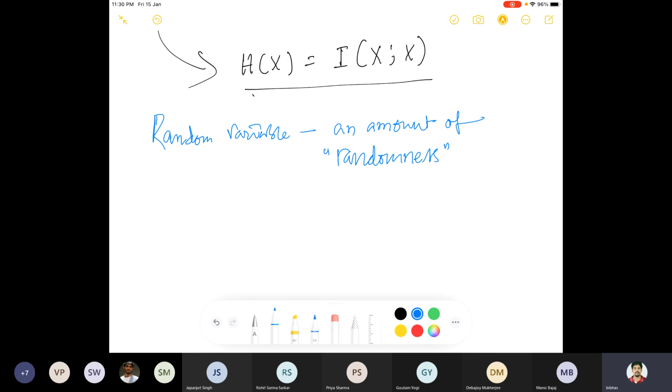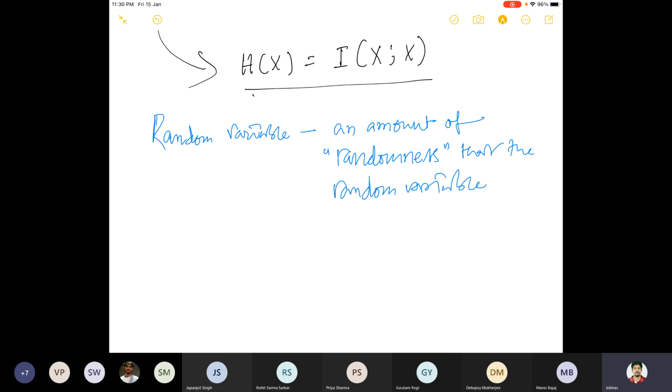So there is an amount of randomness that the random variable possesses. I mean, everybody should agree with this part at least.